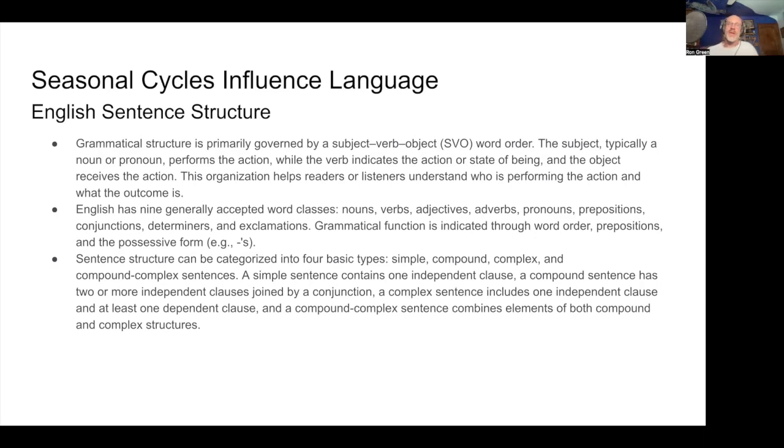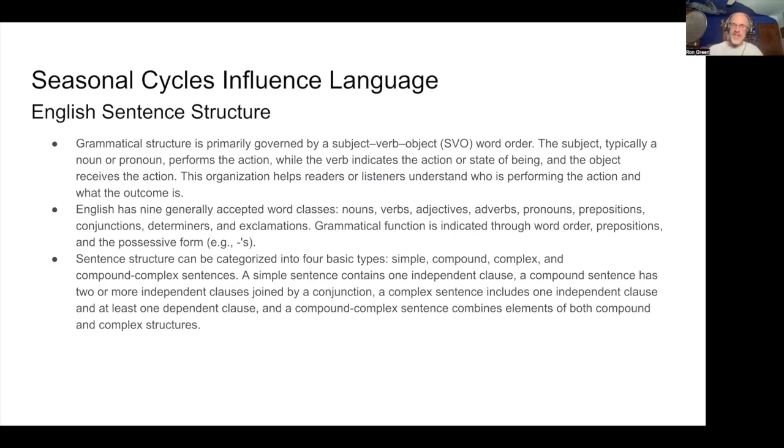English, on the other hand, the grammatical structure is primarily governed by this idea of subject, verb, object, or this, then this. And that conforms to a very linear structure of how we create our sentences. The subject is typically a noun or pronoun.